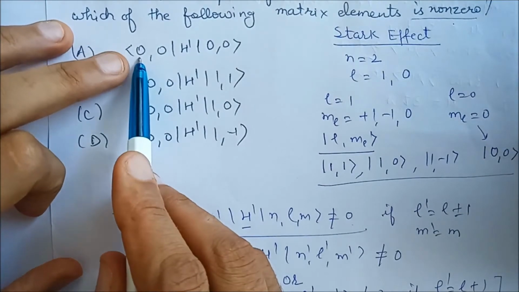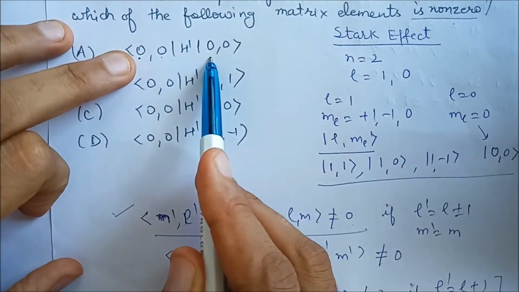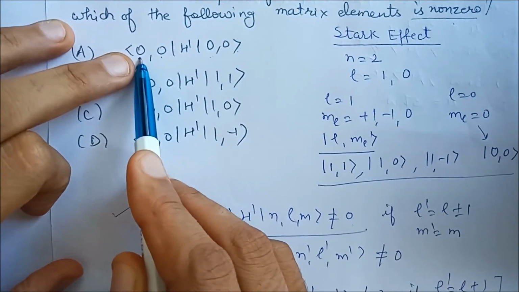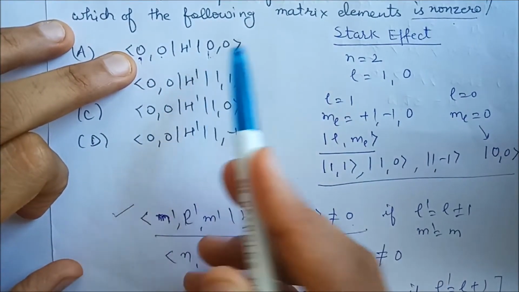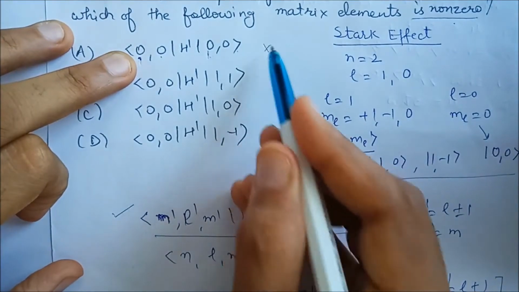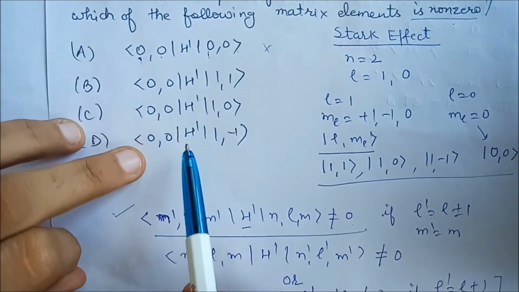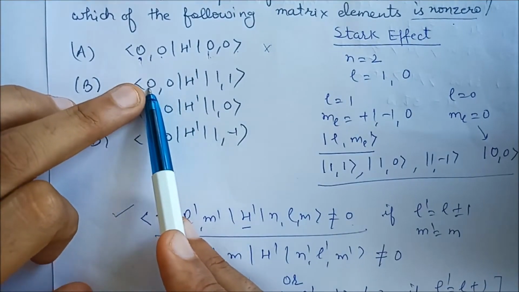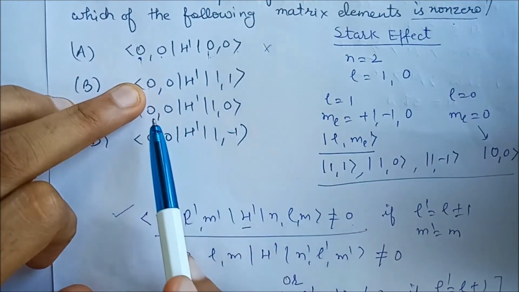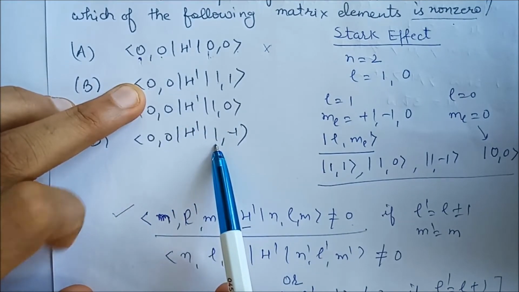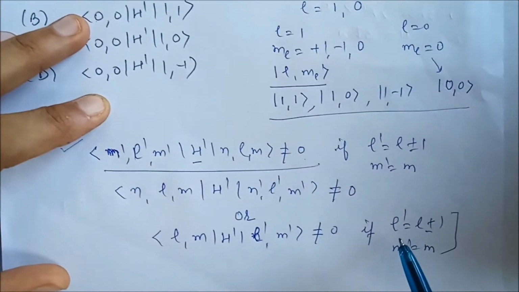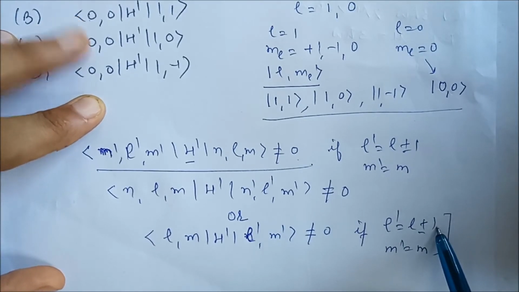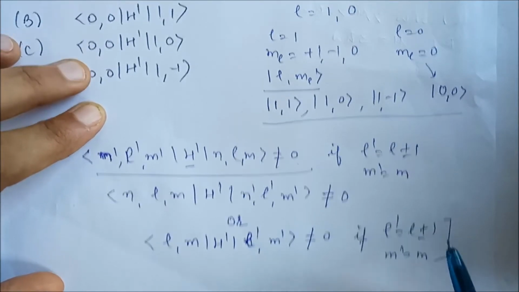In these options, this side is l, m and this is l dash, m dash. In the first case you can check that the l value is 0 and the l dash value is also 0. So this is wrong, this is not the case. Similarly, in all other cases l value is 0 and l dash is 1, so l dash is equal to l plus minus 1 and this condition holds in all the three cases.